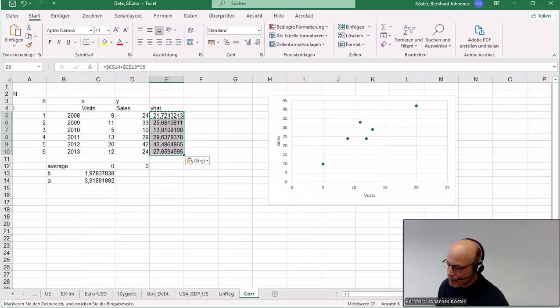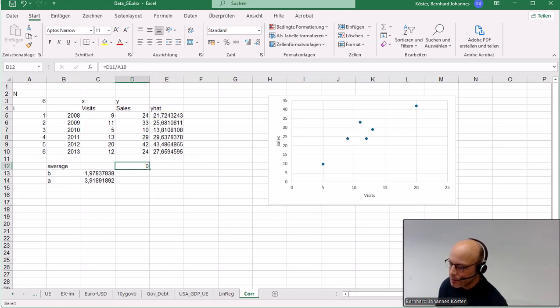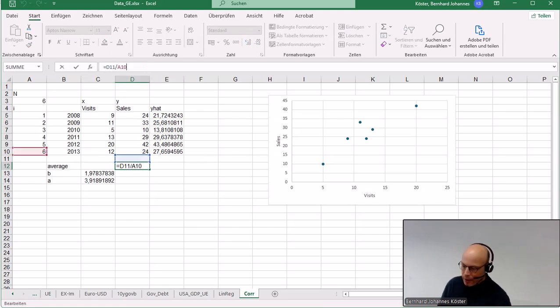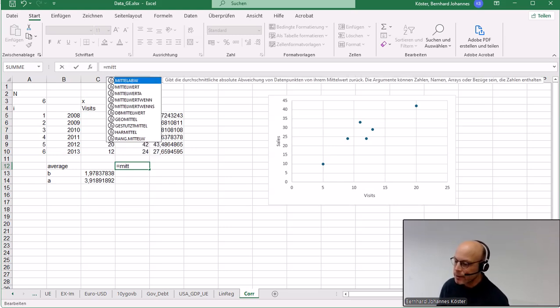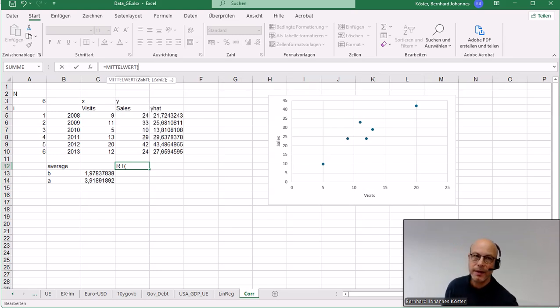So I need also the averages here. Sorry, not x, but this one. And for this also we have a formula. This is called in German then Mittelwert, or in English it's mean if you have the English version.